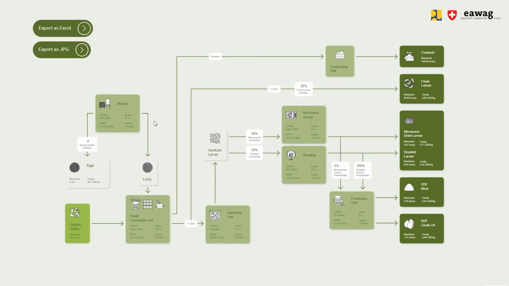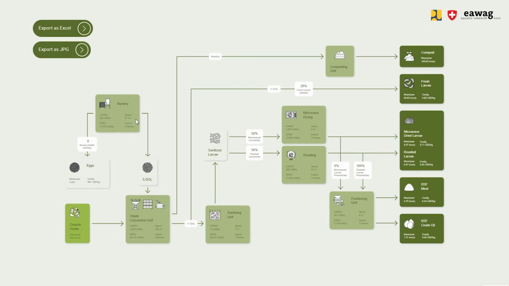Now, you can see for each component that it shows a CapEx, an OpEx, a space, and a labor requirement. The CapEx and OpEx are calculated based on the amount of waste that you have added and the different parameters that you have filled in.